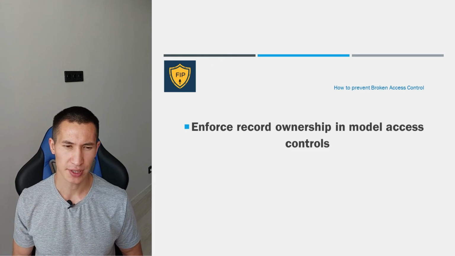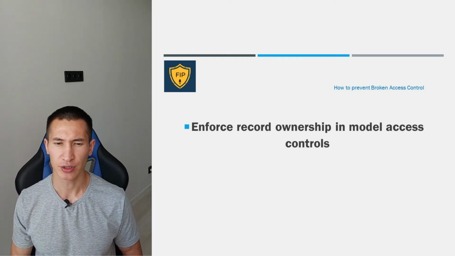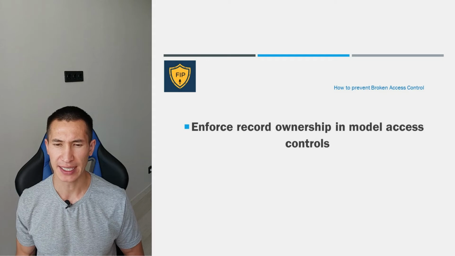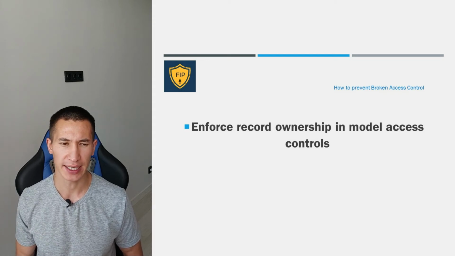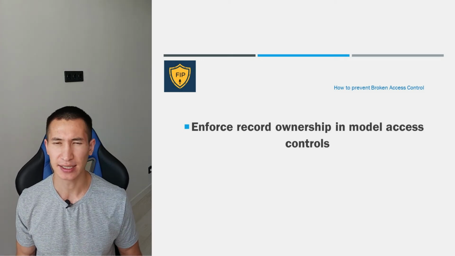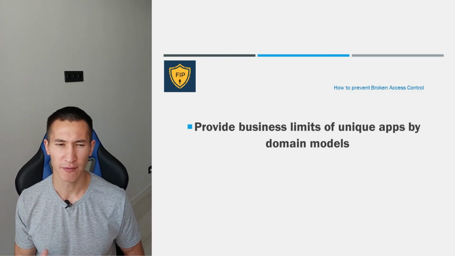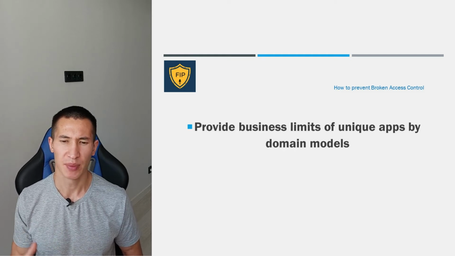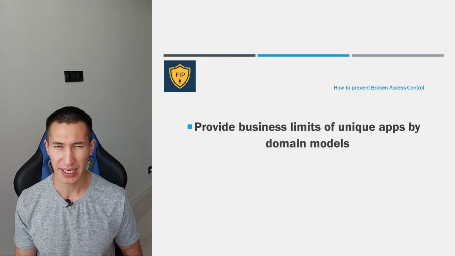Model access controls should enforce record ownership rather than accepting that the user can create, read, update, or delete any record. Requirements for the business limits of unique applications must be provided by domain models.